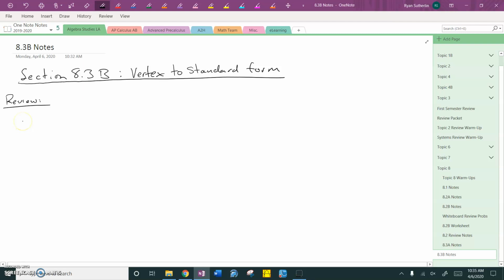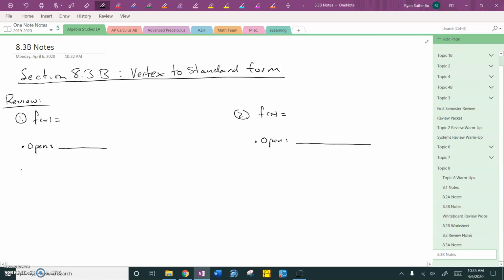Okay. And what I would like you to do for each of these problems is, I'm going to give you a quadratic function, one in vertex form and one in standard form. And I would like you to tell me which direction the quadratic opens.